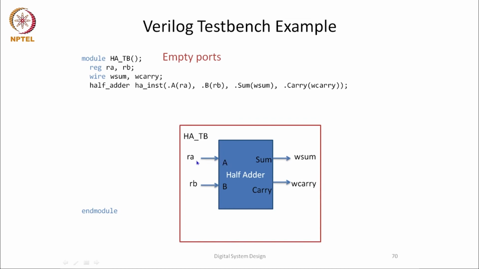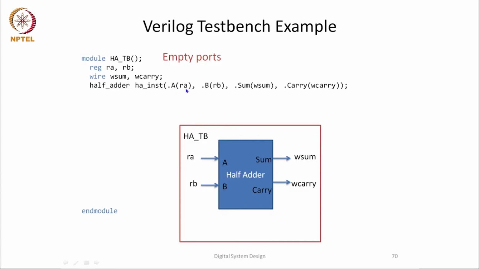We are saying that the A port is connected to the RA signal of the test bench. You see RA is in the scope of the test bench, so there is no dot written here. But if you remember in C or C++, whenever the scope is inside a particular module, here the half adder is the module, and the scope of this A is half adder dot A. So half adder is implicit here, and dot A means the scope of this A is inside the half adder.